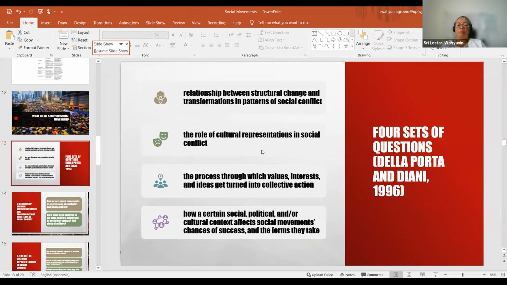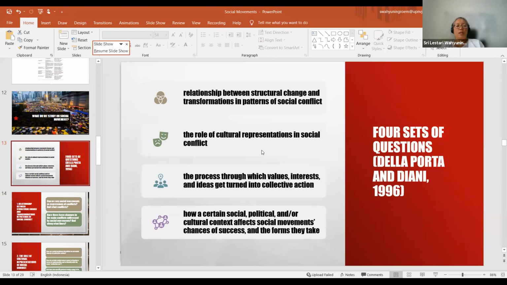Okay, so Della Porta and Diani in their books mention that social movements set 4 questions in their process. One is the relationship between structural change and transformations in patterns of social conflict. The second is the role of cultural representations in social conflicts.